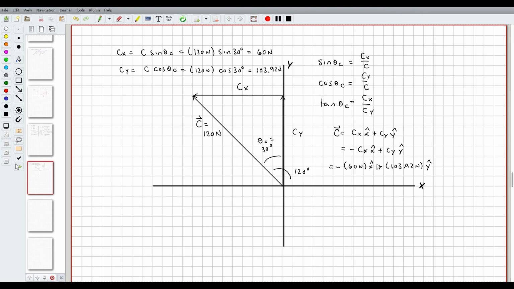Now, you can check it if you'd like. It should be that when I take the square root of the sum of the squares, that I get the original thing back. And let's see. Put this in our calculator.